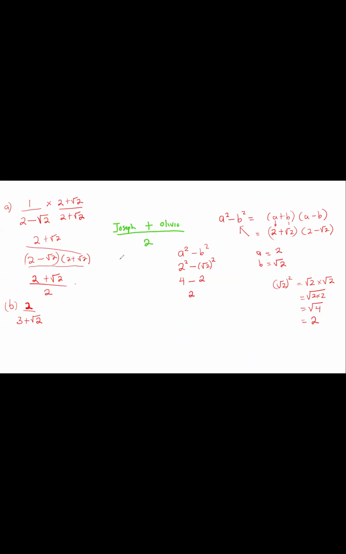If I'm to divide by 2, how do you divide these 2 people? It means Joseph is going to be divided by 2, and Olivia will also get a portion. Now here, you can still reduce this the way you want. But the only problem is that you may fail to reduce. When we are reducing, here you say 2 out of 2 plus root of 2 out of 2. So if you want your answer further, it will be 1 plus root of 2 out of 2.